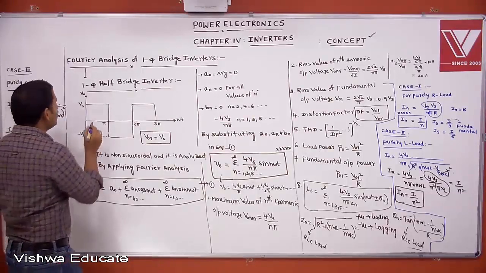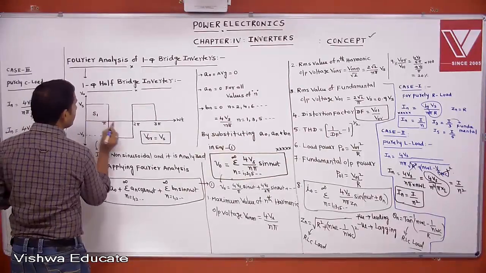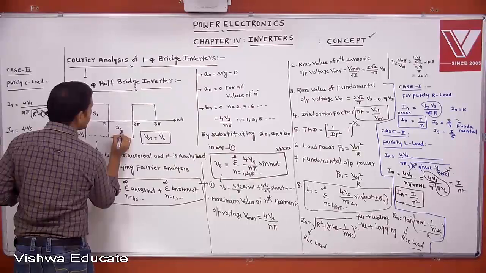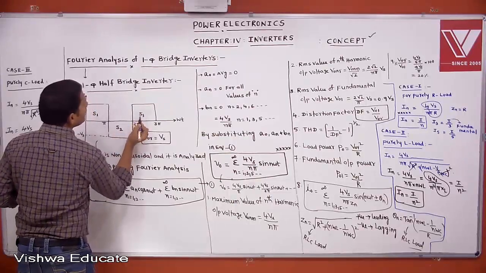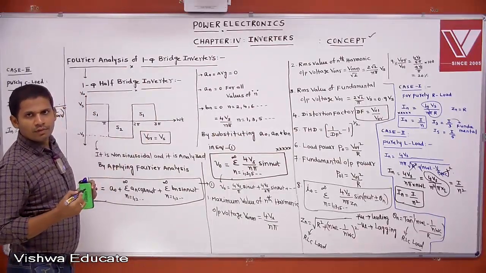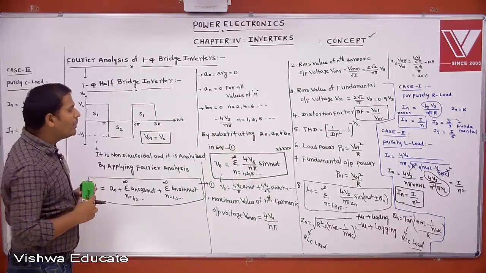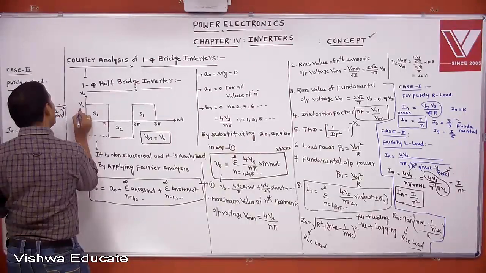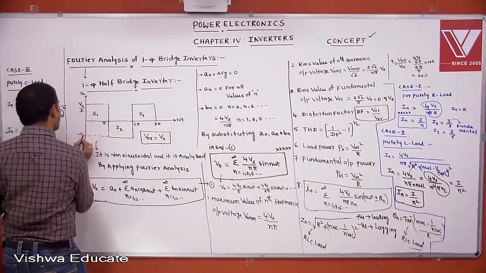Let S1, this is S2, again S1 is conducting. We know that in a half bridge inverter, we are getting output voltage equal to Vs by 2.